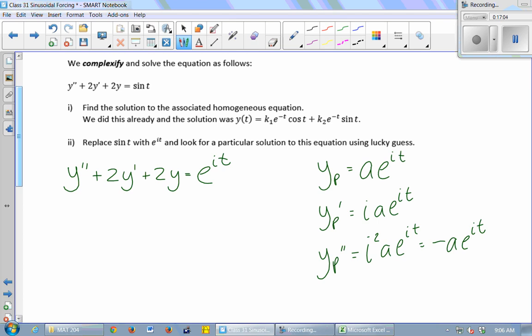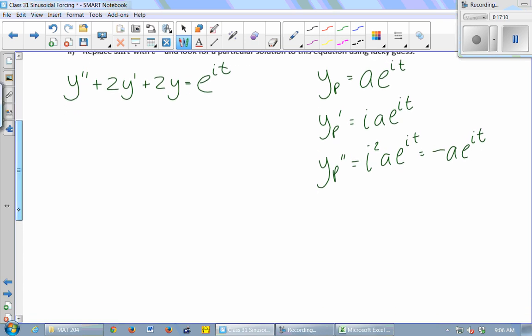Then we plug into the equation and we find out what a value will make this work. So y double prime is negative a e to the i t, plus 2 times y prime, that's going to be 2i a e to the i t, plus 2y, so that's 2a e to the i t, has to equal 1 e to the i t.